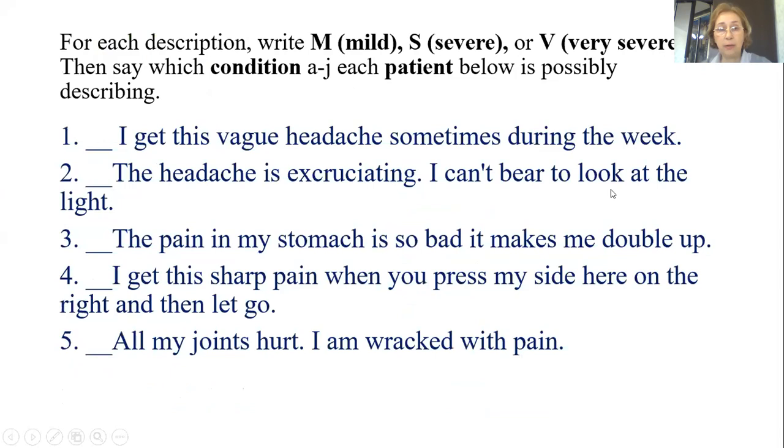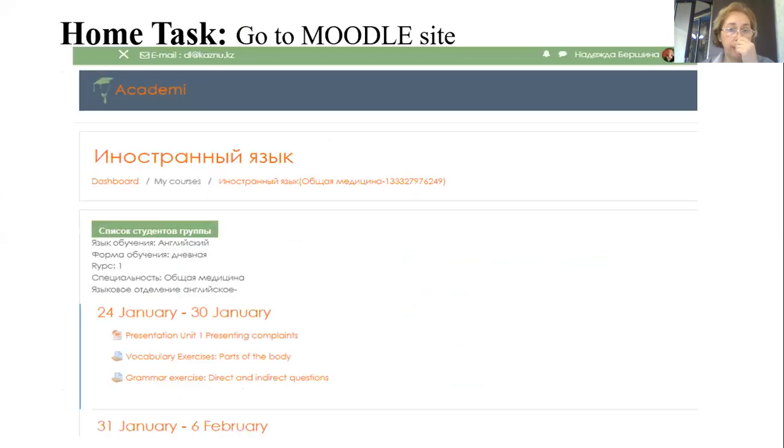And I would like to speak about the home assignment. You see that the home assignment is given on the Moodle site. So how to get to the Moodle site?